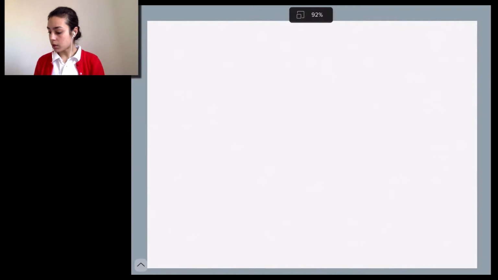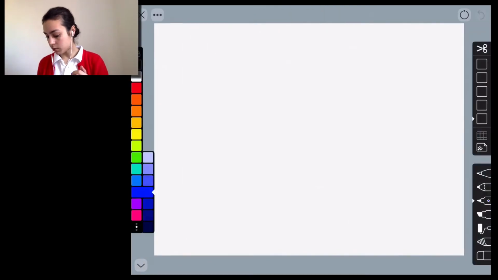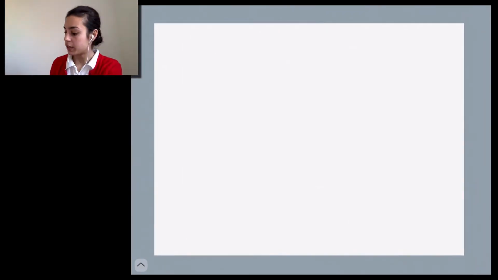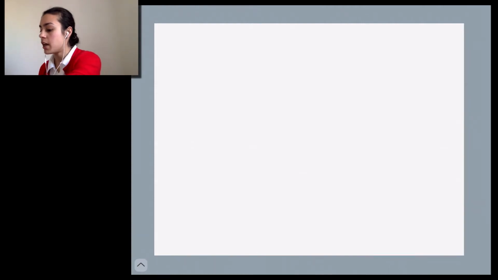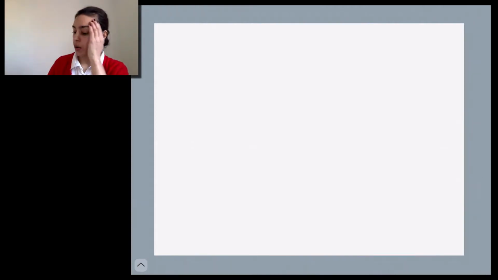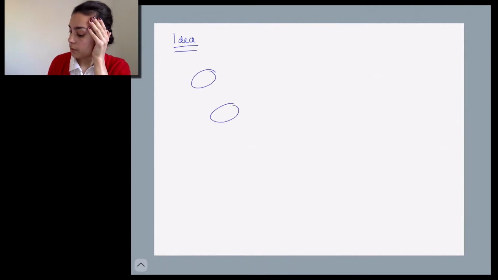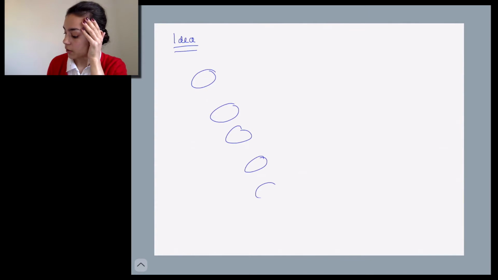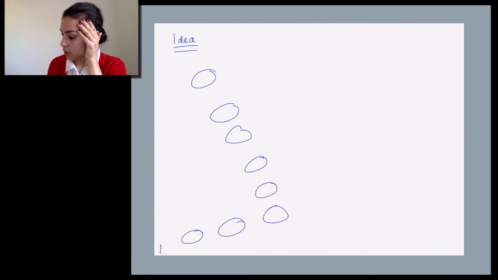Now, I was doing some reading yesterday, and I found a really nice way of describing an essay. You have an idea. And then, as you move through your essay, you have stepping stones to get to your final idea.